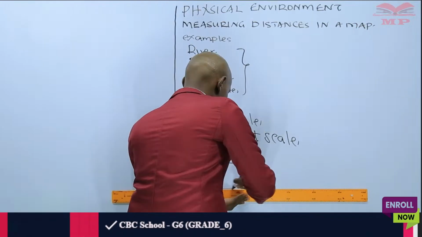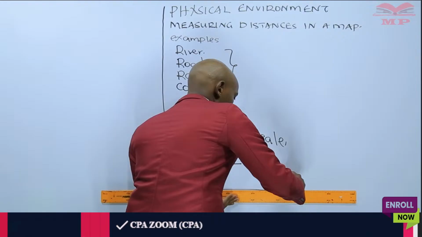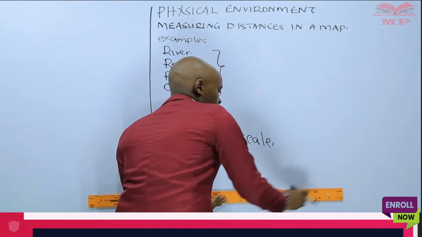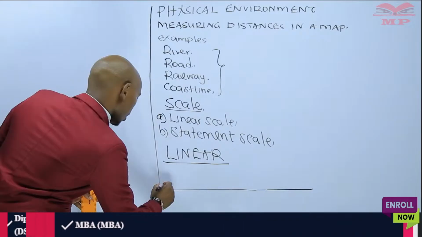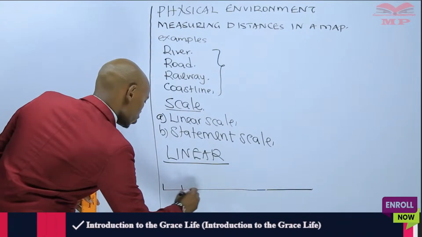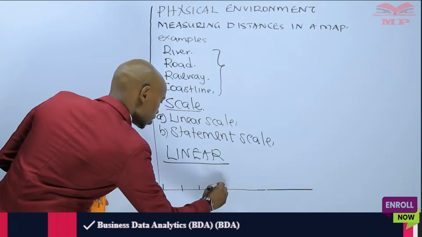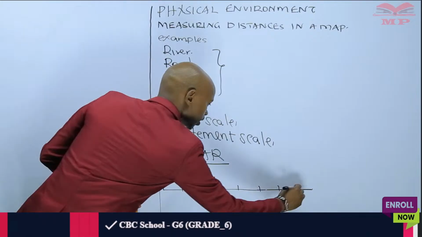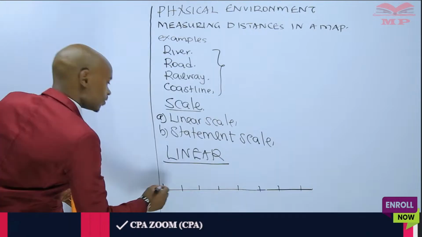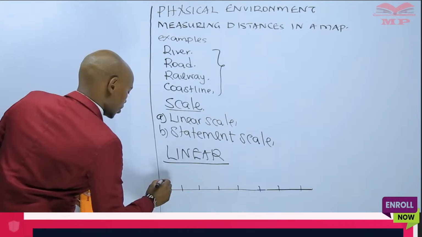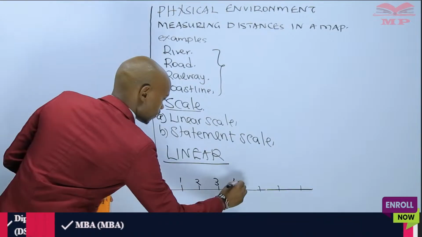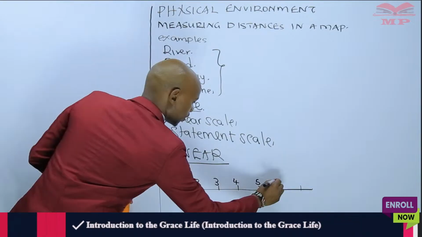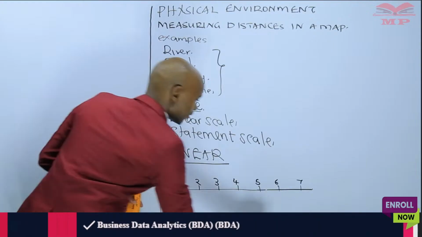It will be drawn at the bottom of each map, and it has partitions of exactly 1 centimeter. This is 0, 1, 2, 3, 4, 5, 6, 7.